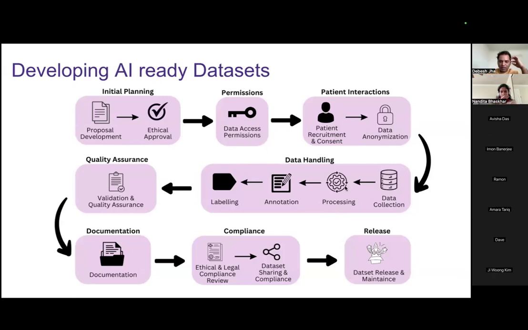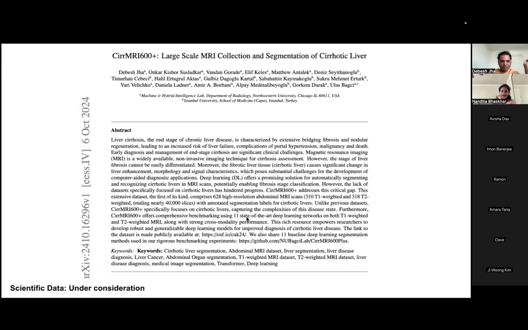Then we collect data, process, annotate, and label it, and it is passed through a data inspector, who will inspect and validate it for quality assurance. Then you document it, pass it through ethical and legal compliance, and then you can share the data. So this is an outlook for developing AI-ready data.